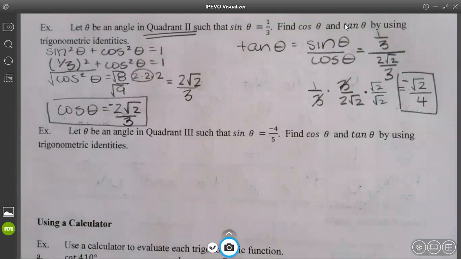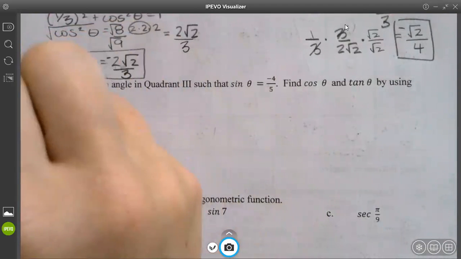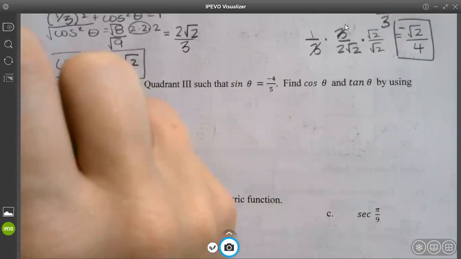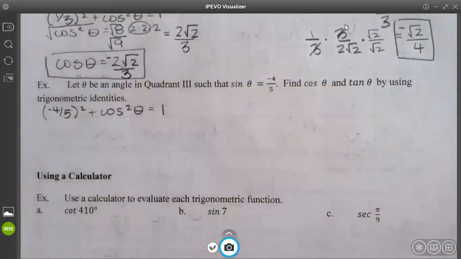All right. Let theta be an angle in quadrant 3 such that sine is -4/5. Find cosine and tangent by using the trig identity. So the same thing that we just did. We're going to do -4/5 squared plus cosine squared equals 1.